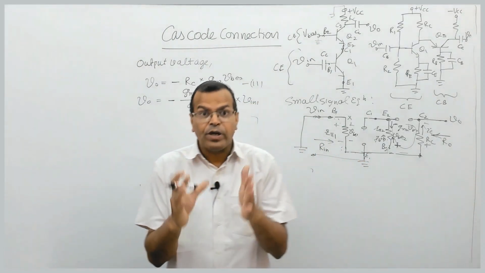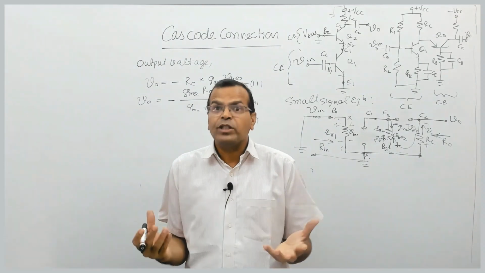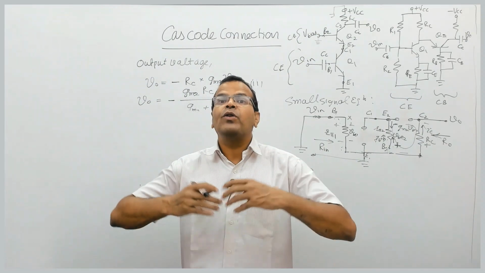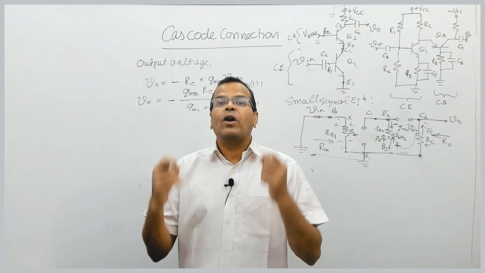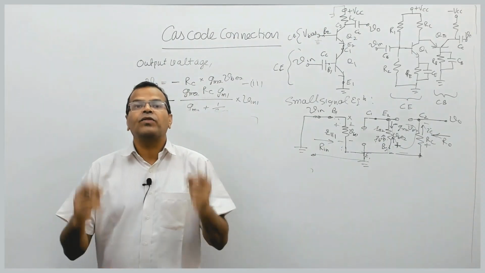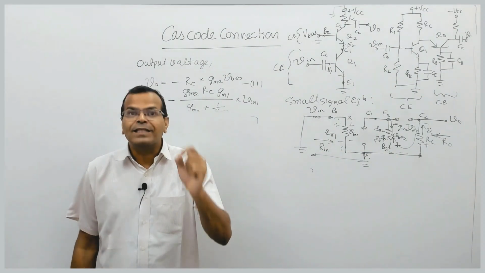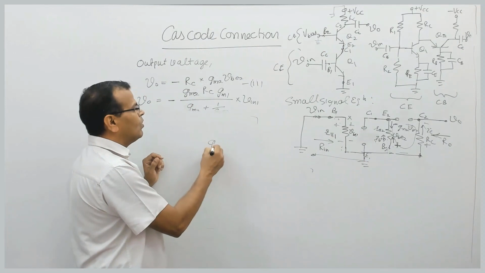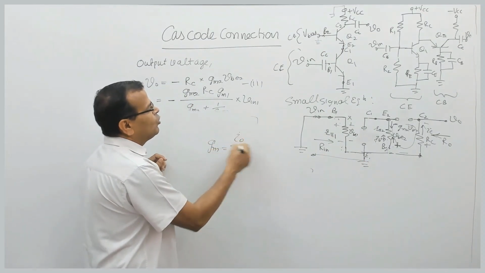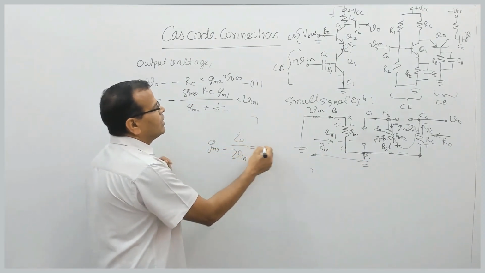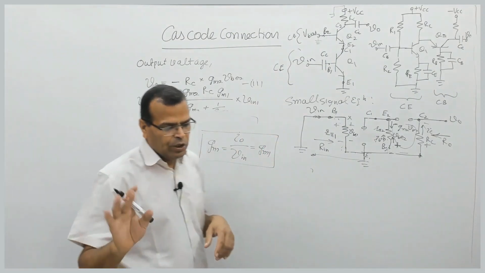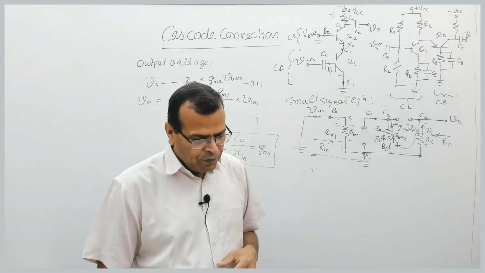This was a question in GATE, but if you remember it directly, you don't need to go for mathematical analysis. That means the overall transconductance, output current by input voltage, is equal to GM1, that is the transconductance of the input stage. That is the 4th point.